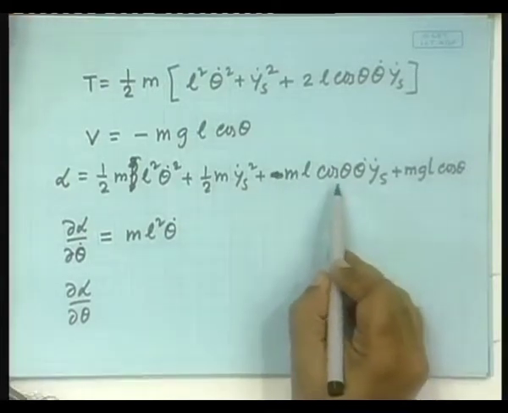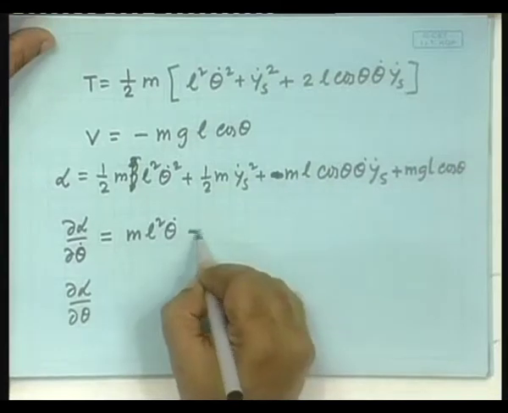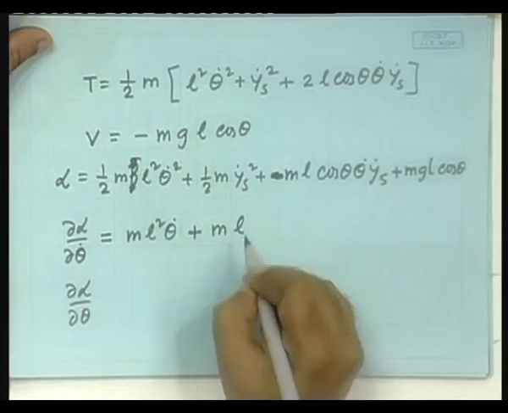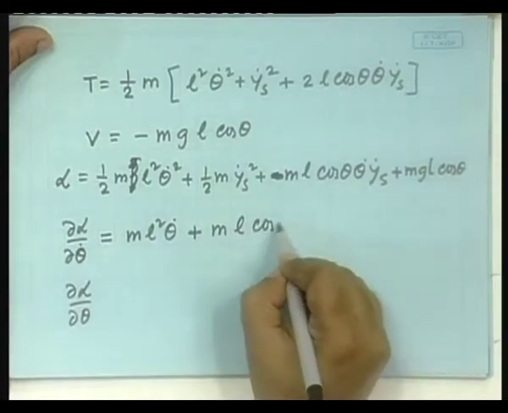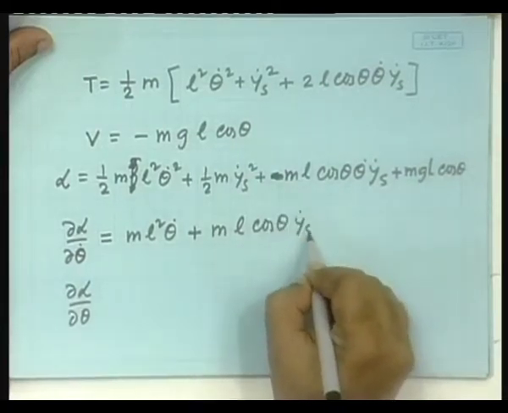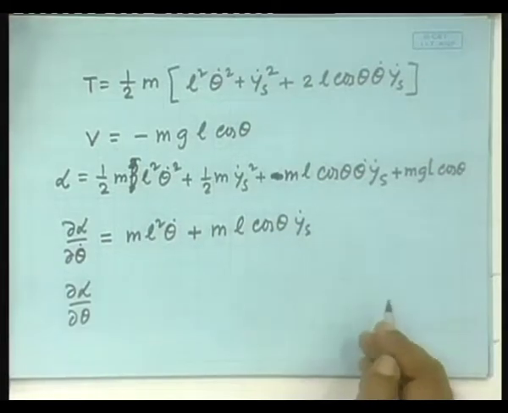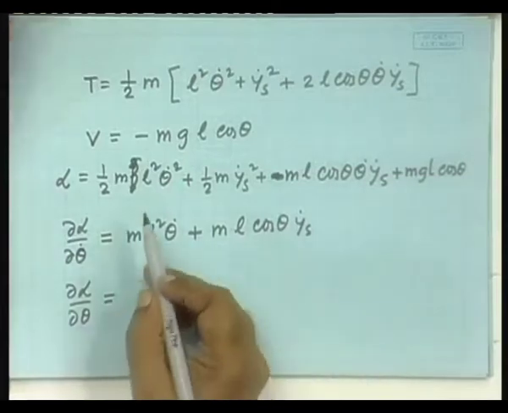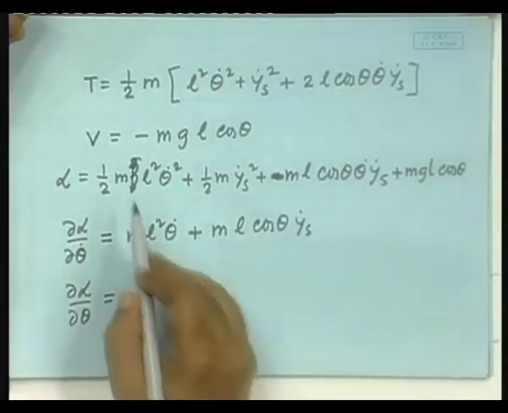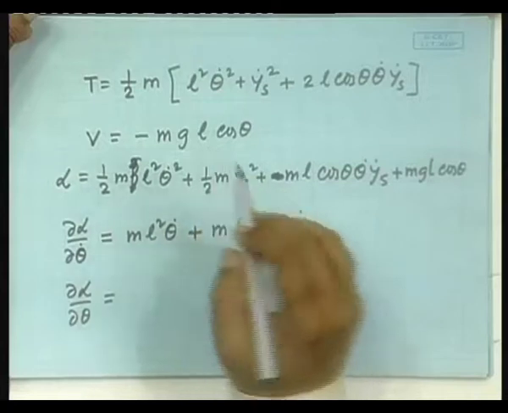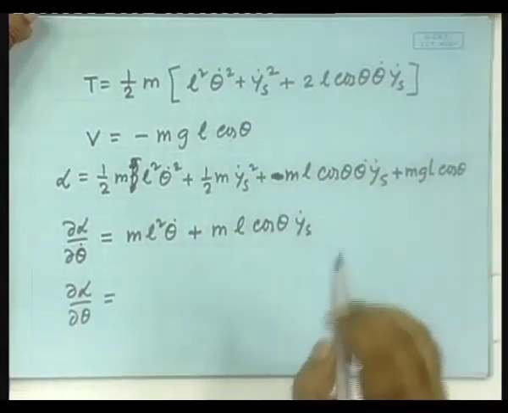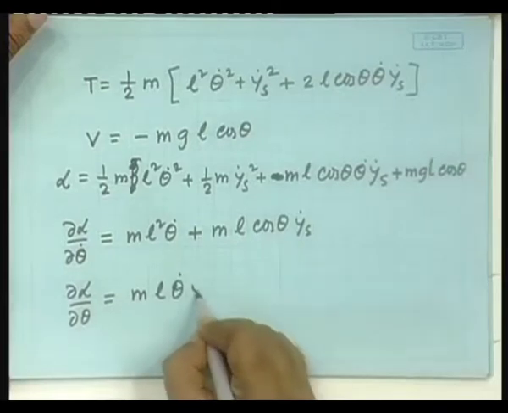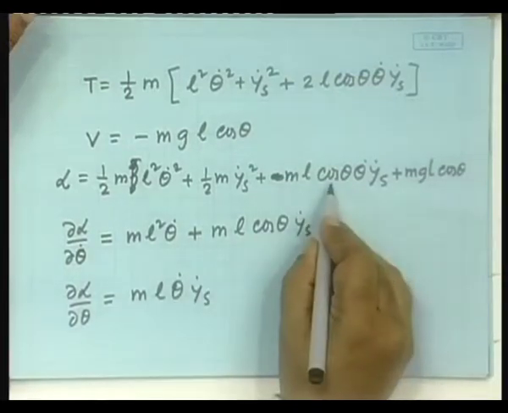So, if you differentiate it, it will be plus m l cos theta y dot s. Okay. This goes off. Now, when we differentiate with respect to theta, this goes, this remains, yes, m l theta dot y dot s, and then cos theta.